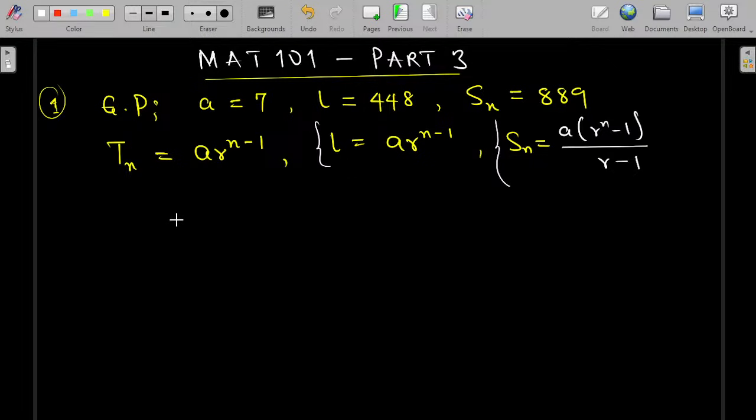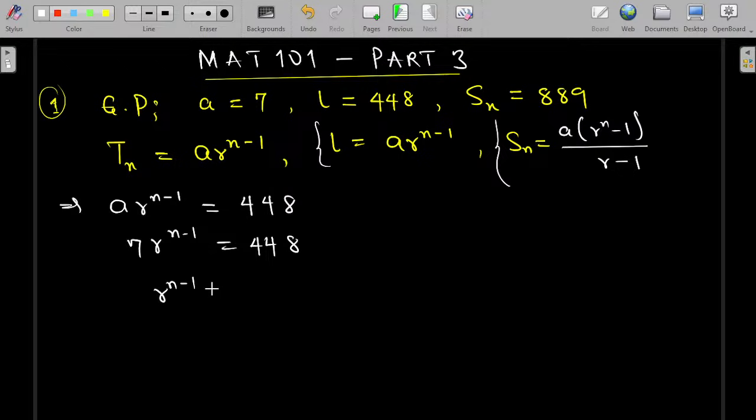From this second equation, it implies that A R^(n-1) is equal to 448. If we substitute our A as 7, we get 7 R^(n-1) is equal to 448. Divide both sides by 7, and you will get that R raised to the power n minus 1 is equal to 448 over 7, which is 64.